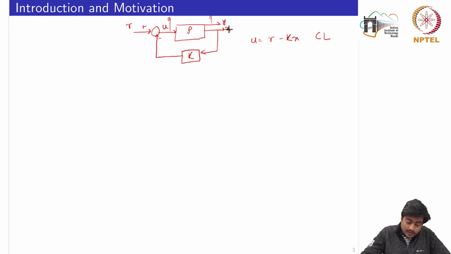In the last week we introduced the concepts of observability and detectability, which help us at least ensure that we can design an observer which would give us the estimate of this state variable X. If you recall, we discussed one procedure, which is the Gramian based construction of the state signal, and that state variable was computed at some time t naught.